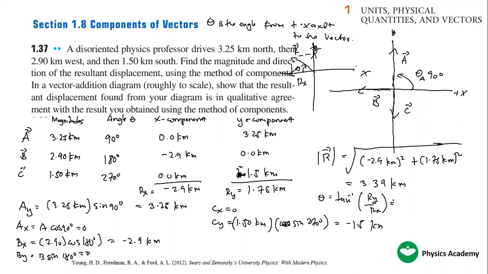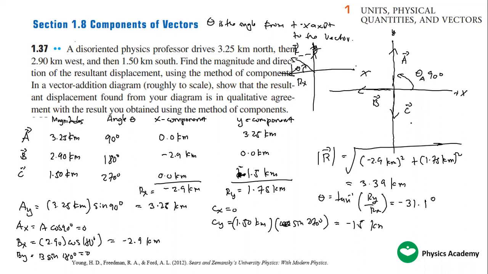Given that your Ry is 1.75 divided by 2.9, it gives you negative 31.1 degrees.